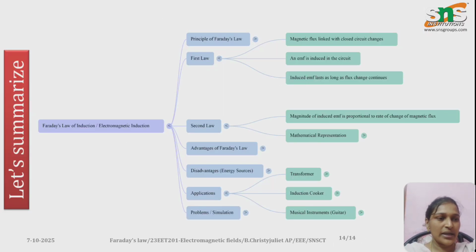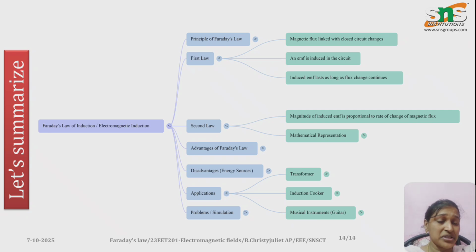So let's summarize. In Faraday's law of electromagnetic induction, there are two laws. The first law is that when the magnetic flux linked with a closed circuit changes, an EMF is induced, and that is what we have explained here.